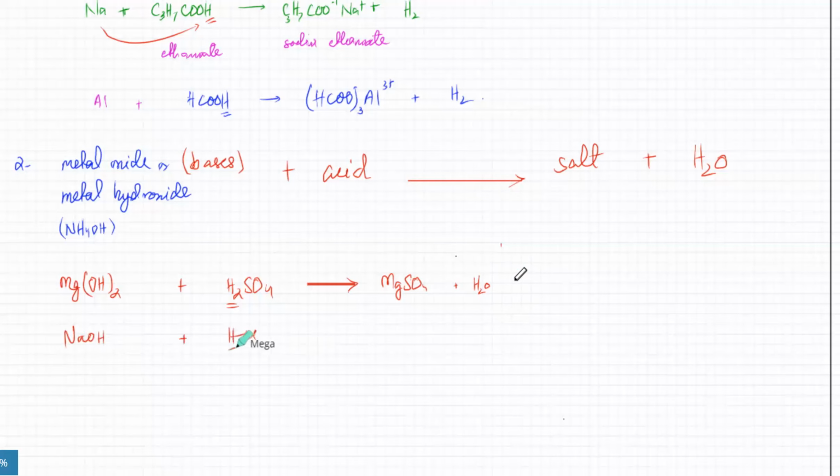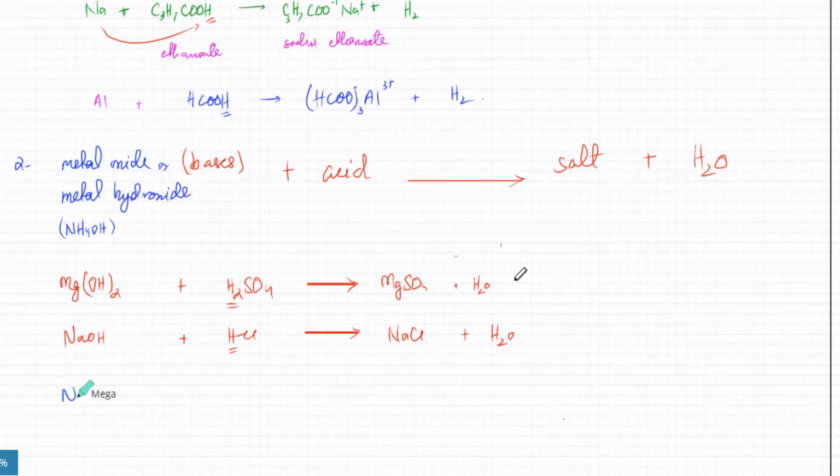How is this salt produced? Get rid of the H and put Na in its place. So what you're going to get is NaCl plus H2O. We're going to apply the same reactions to carboxylic acid.